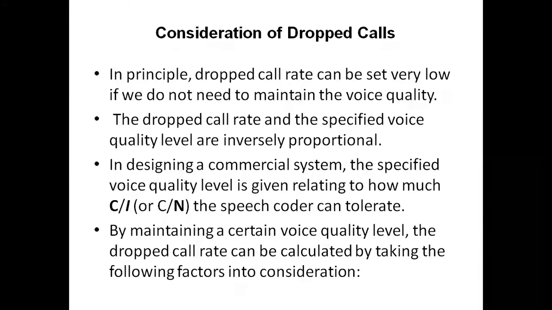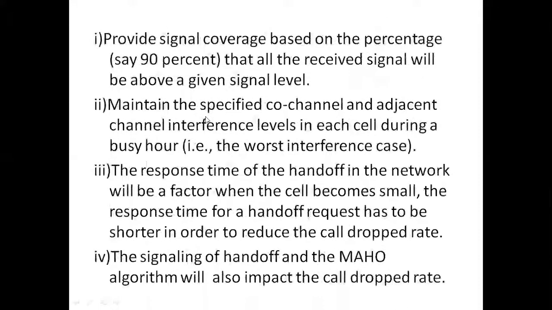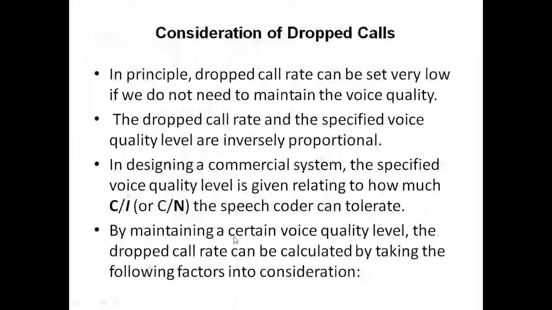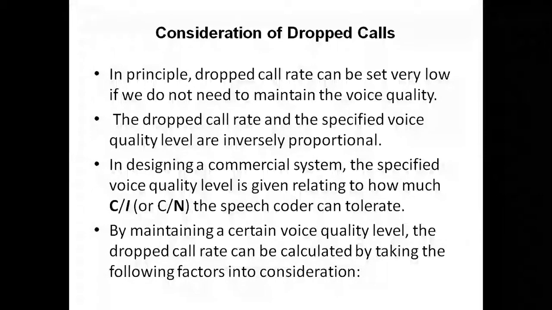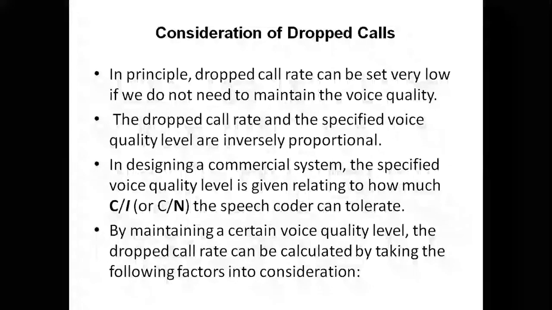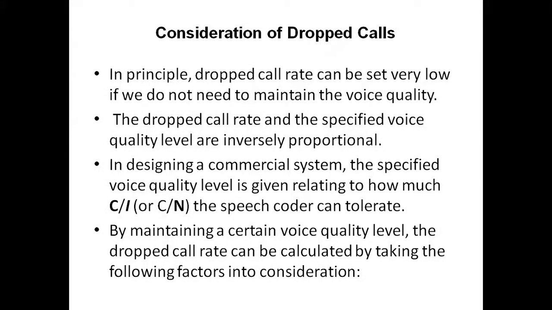So by maintaining a certain voice quality level, the dropped call rate can be calculated by taking the following considerations. The dropped call rate depends on the voice quality as well as the C/I value. So voice quality obviously depends on the C/I value. If we have more interference, voice quality is very low. If we have less interference, then the voice quality is very high.